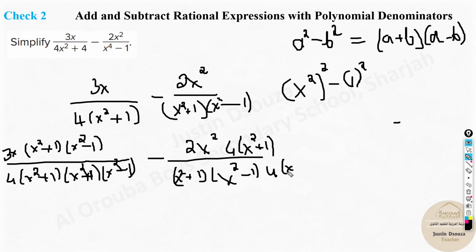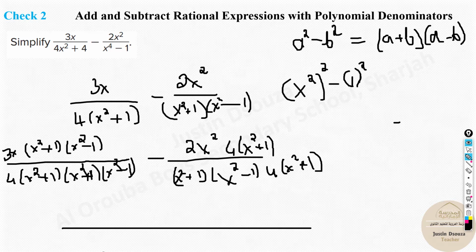It is 4 into x squared plus 1. So the denominator can be written same. Why? Because both the sides of the denominators are the same. Now you can write it as a whole together, and this over here we can simplify it.